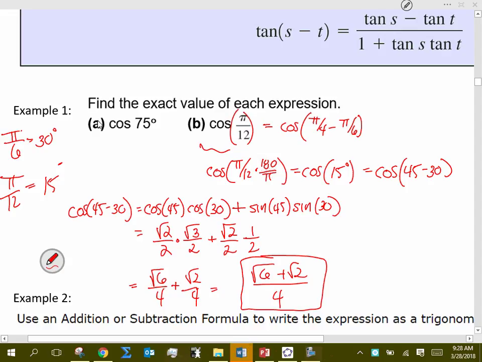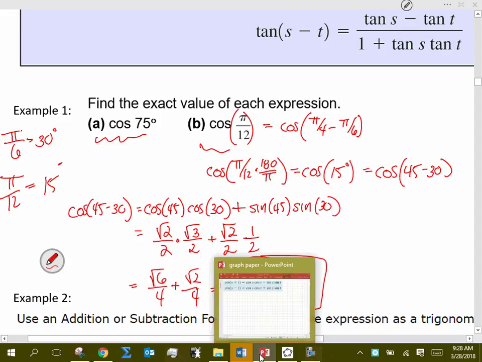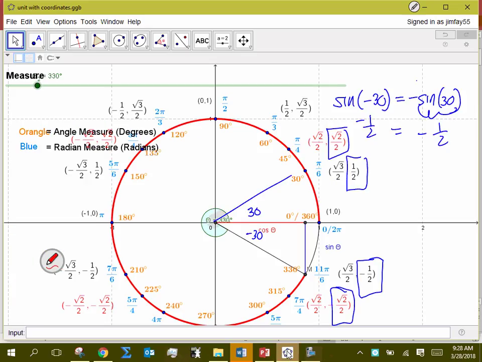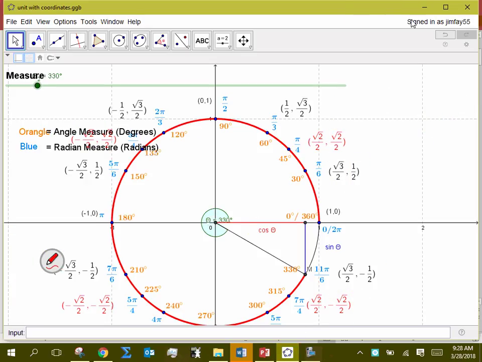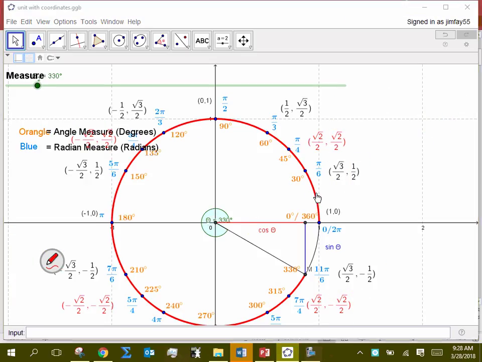If you go back and look at the video from yesterday, we did the cosine and the sine of 75. Got a similar answer. And I want to take a moment to open up the unit circle and talk about why that's a similar answer. If we look at the unit circle, 15 degrees would be like that point right there, right?